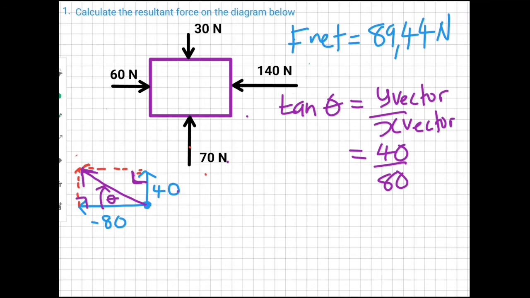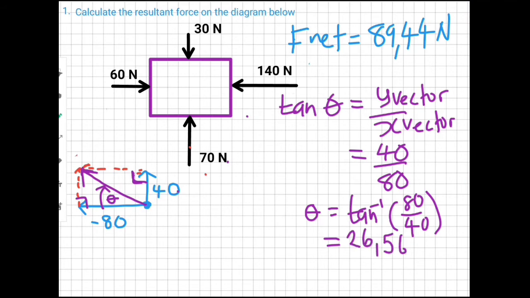Okay. So theta becomes the inverse tan or the arctan of 80 over 40. Okay. And that becomes 26,565, which can round off to 26,57 degrees.